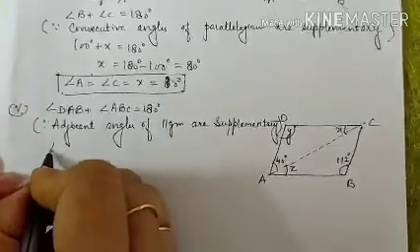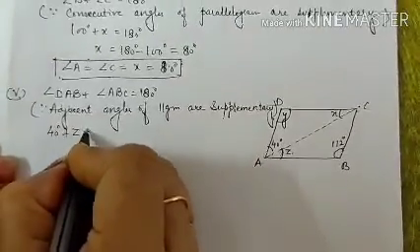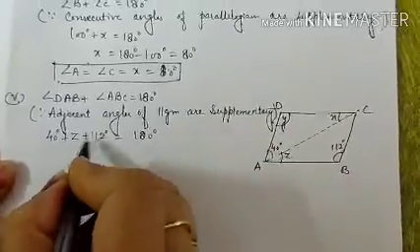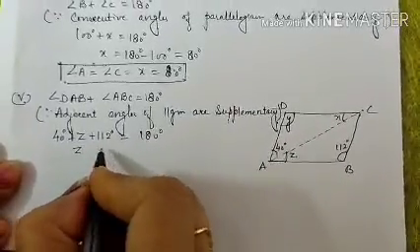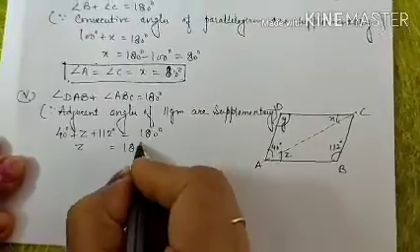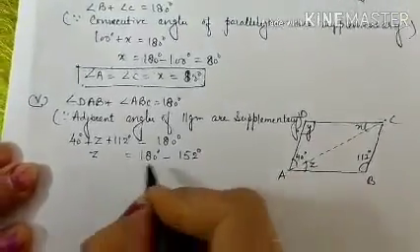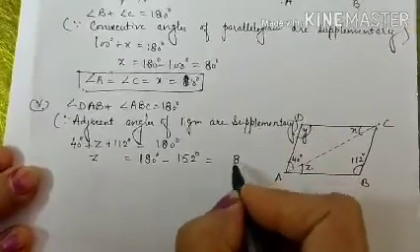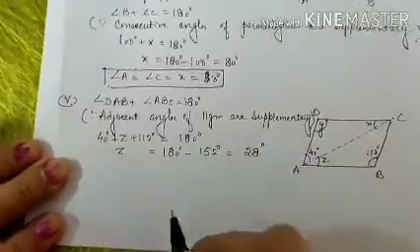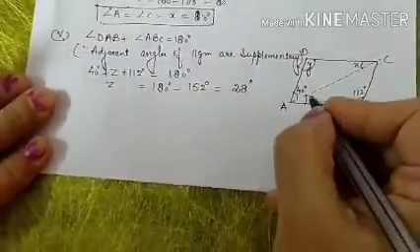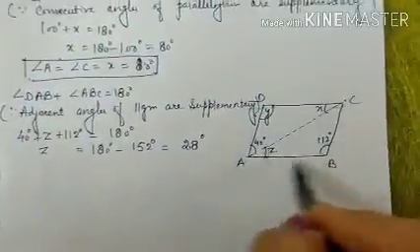DAB is 40 plus Z and ABC is 112, equal to 180 degrees. So Z equals 180 degrees minus 152 degrees. So this is 28 degrees. Now Z is known to you and these two are parallel lines.